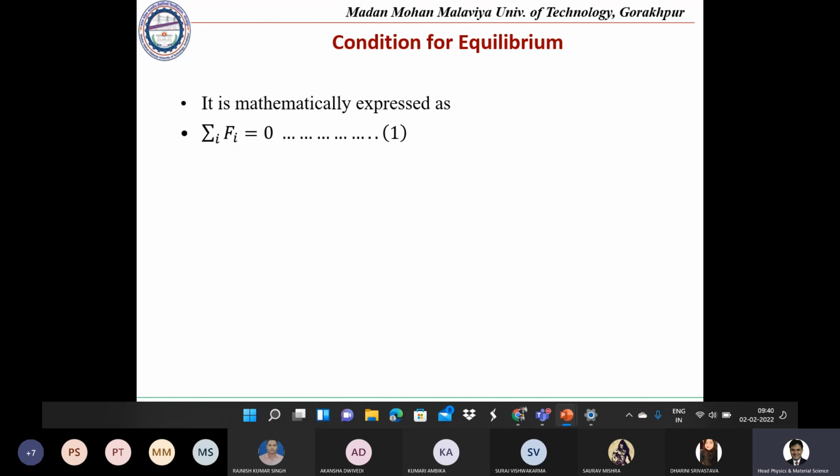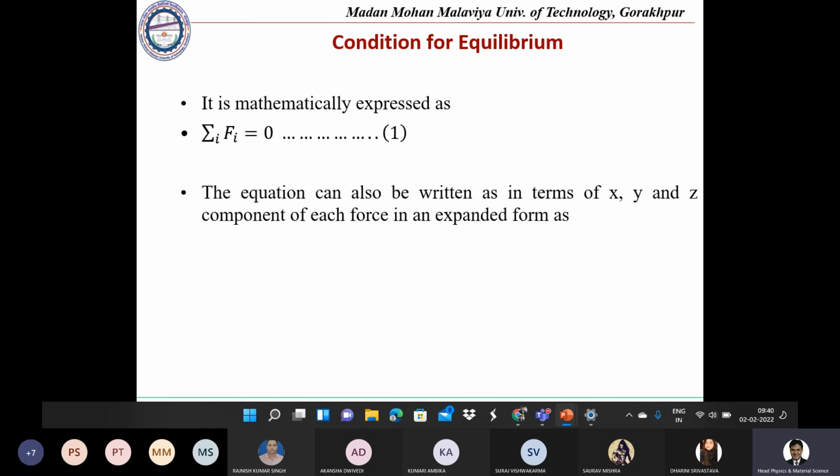It is mathematically expressed as the summation of all the forces acting on a point particle must be zero. This is equation number 1. The equation can also be written in terms of the x, y, and z components of each force.